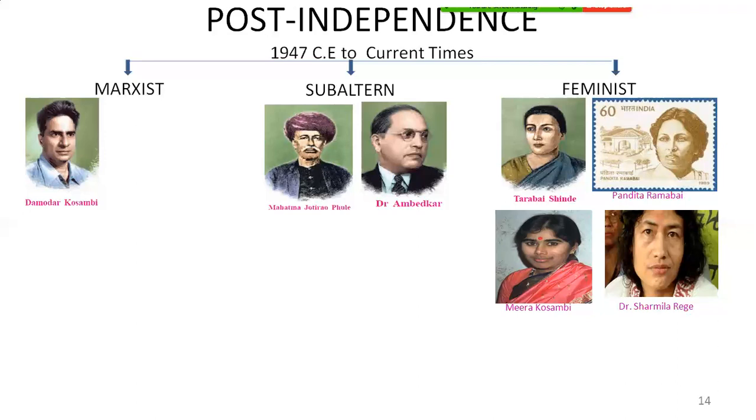Now, besides all these ways in which history was written, you also had some people who wrote history not from any particular ideological perspective. They just generally express their views and opinions about events, about things that were occurring around them. Their point of view and their perspective also helps in throwing light on various things that were happening.